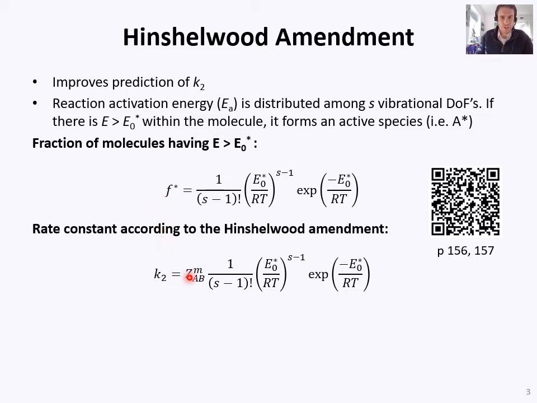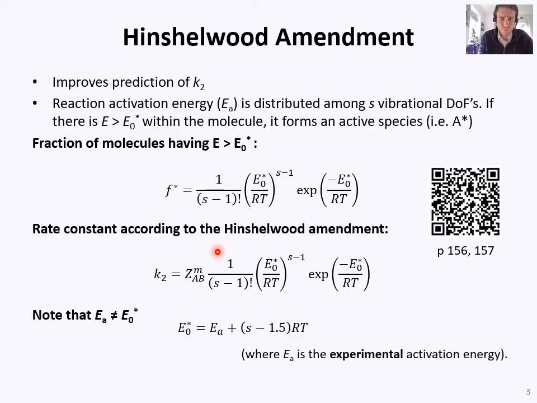So all we've done here to make a rate constant is add in this molar collision frequency, and then this bit says how many of those colliding molecules have the right amount of energy. That's basically the same as what we've seen before.